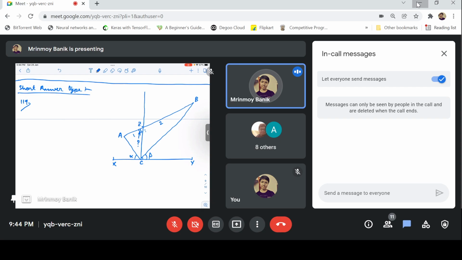Similarly, ZCB is 90 minus beta. Can we apply Menelaus, like this by this, this by this? We already know this is a median.